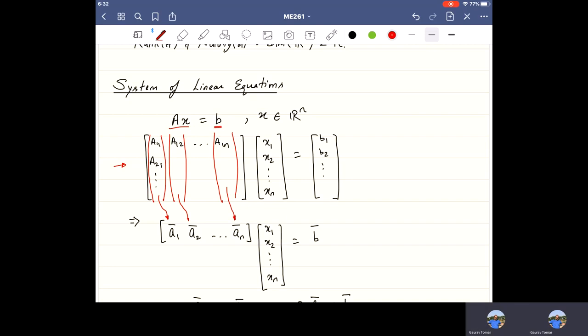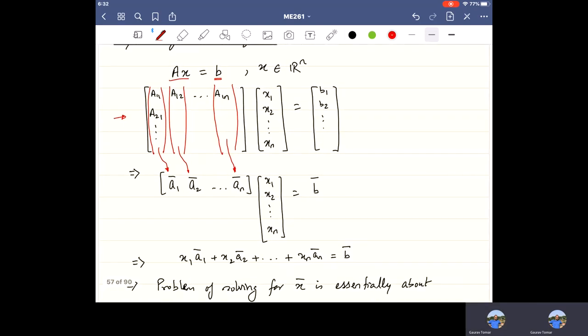Now we can write this equation in terms of vectors a1 to an, which are sometimes called column vectors, as a linear combination. So we can say x1 times a1 plus x2 times a2 plus x3 and so on. This is how we do matrix multiplication. We're just doing exactly that. So if you expand it and write it this way, we get exactly the same thing.